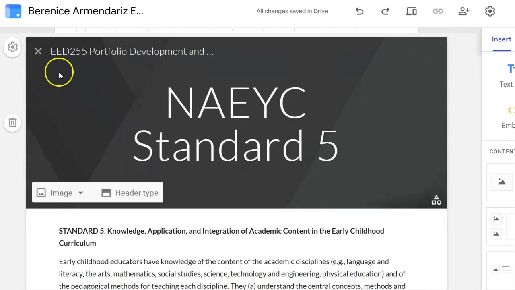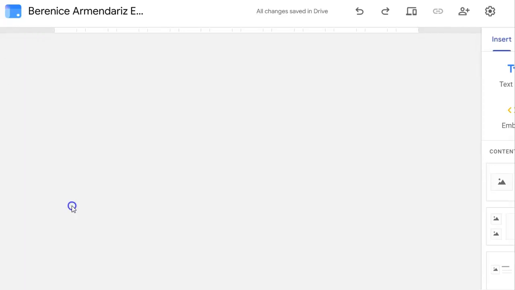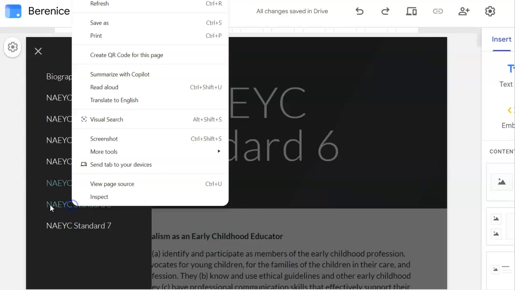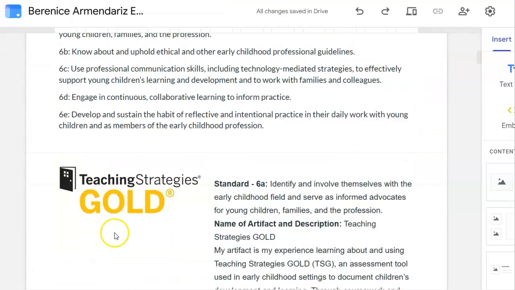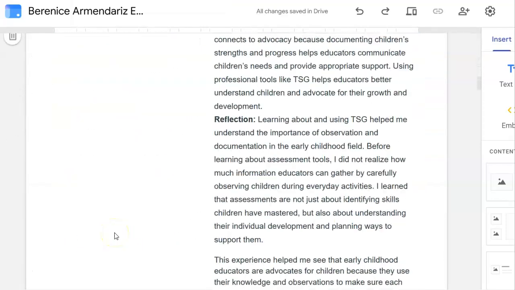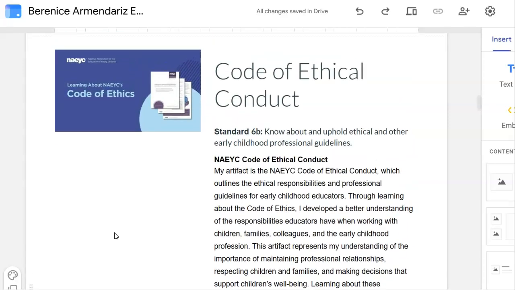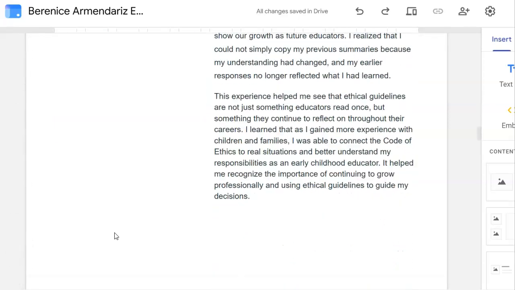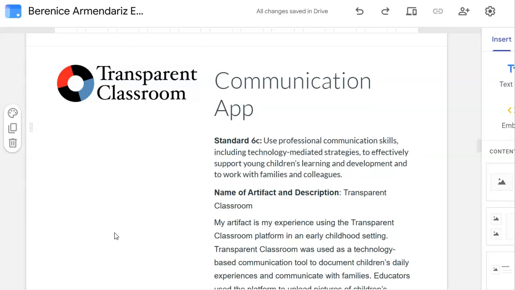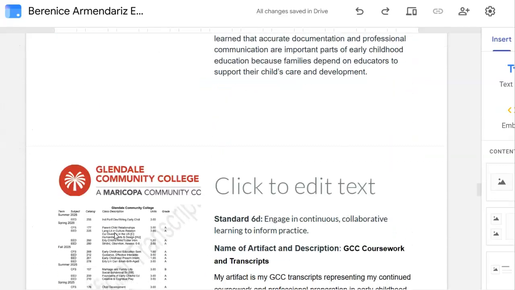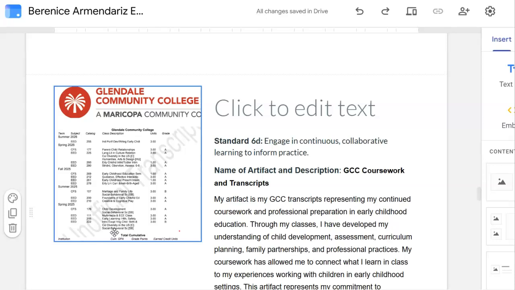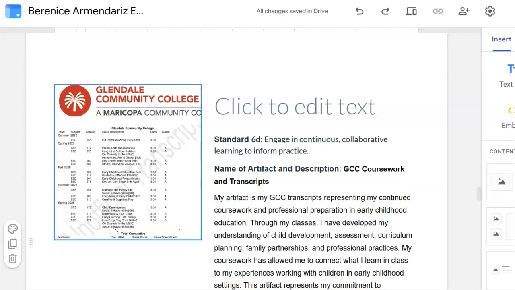But these are good, and I think that your panel, if you talk to it correctly, meaning that you're making those connections, I think it'll be easy for the panel to see.